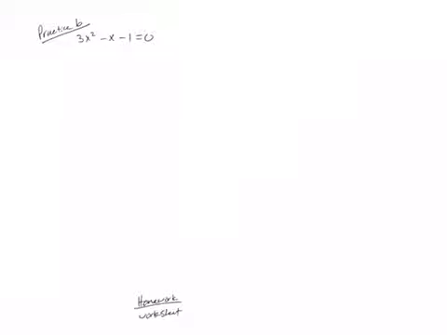Let's just try one more of these. I'm going to add 1 to both sides. End up with 3x squared minus x, purposely leaving space, is equal to 1. I want to get that leading coefficient to be 1, so I'm going to divide both sides by 3.